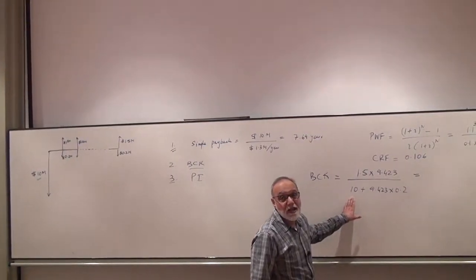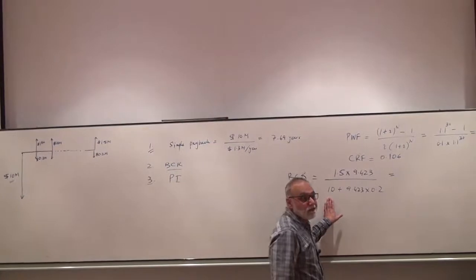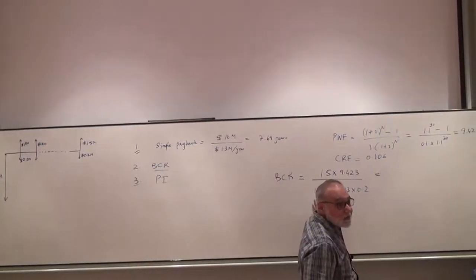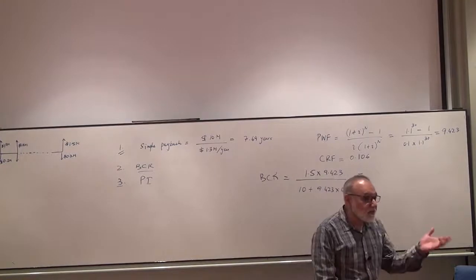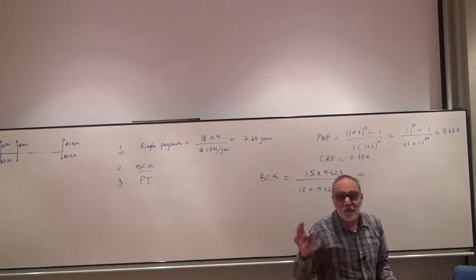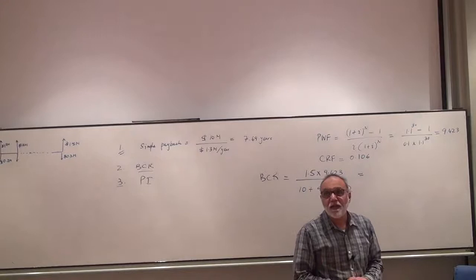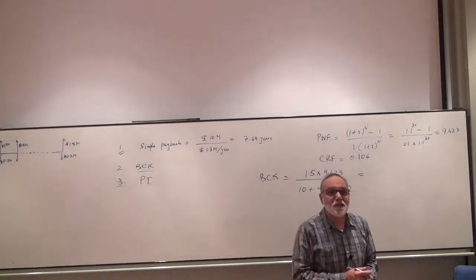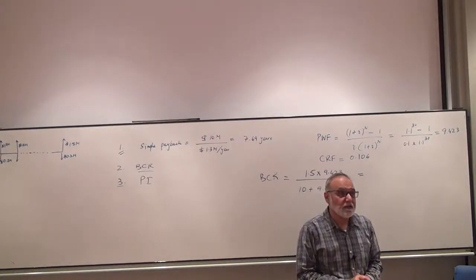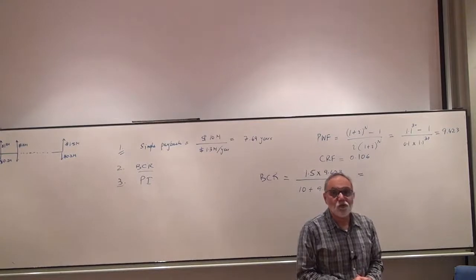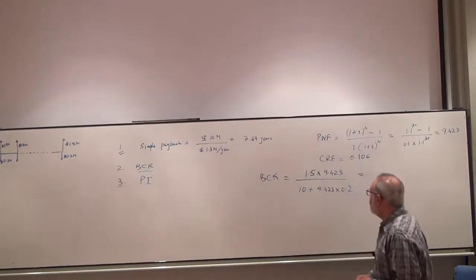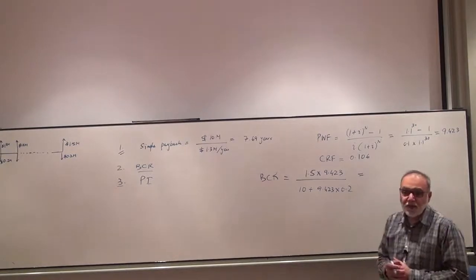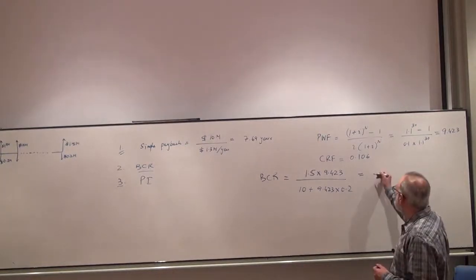Don't make such mistakes in your exam. You have to separate which cost is an initial one-time cost, and which is occurring each year. You have to be careful about these things. So what is the benefit cost ratio here? I think it is 1.19 or something like that.